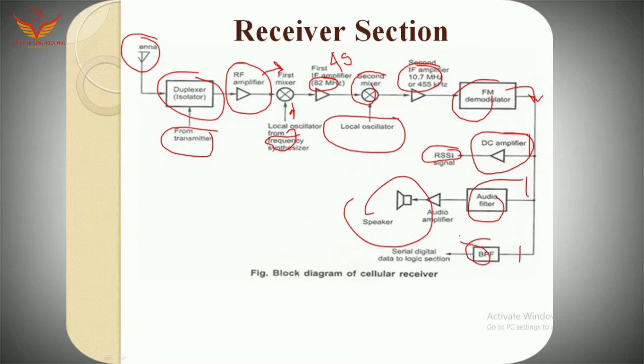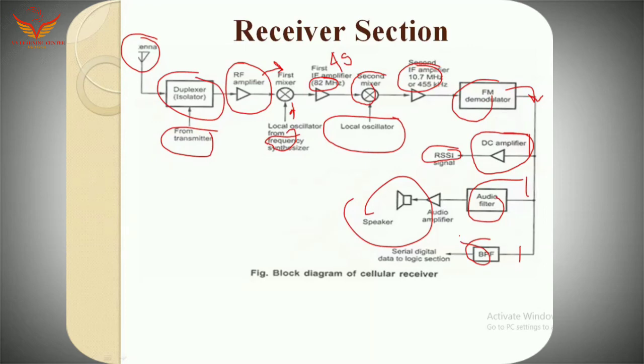The second input to the first mixer comes from the local oscillator of the frequency synthesizer. The output of the first mixer is down converted to 82.2 megahertz, or for some other receivers 45. The output of the first intermediate frequency amplifier is given to the second mixer. This frequency is again down converted to 10.7 megahertz or 455 kilohertz, and this signal is given to the FM demodulator.